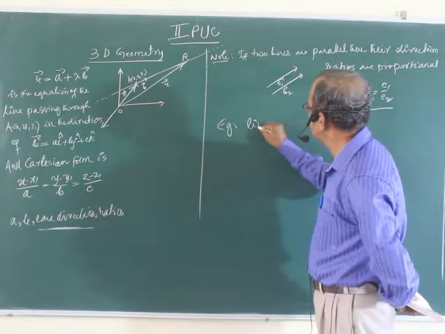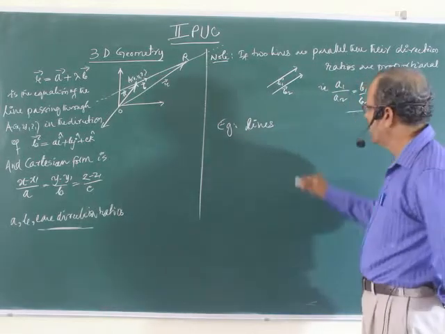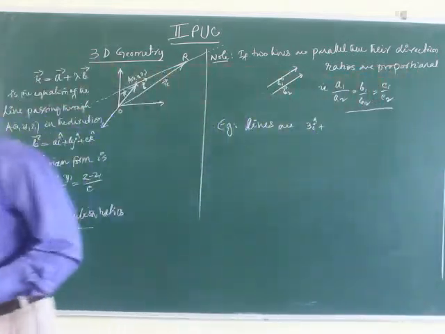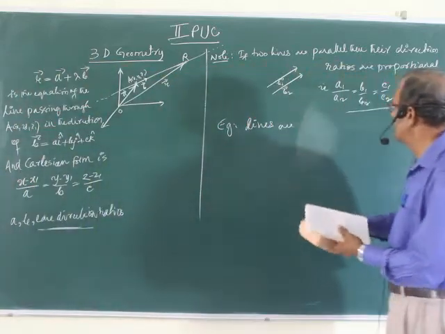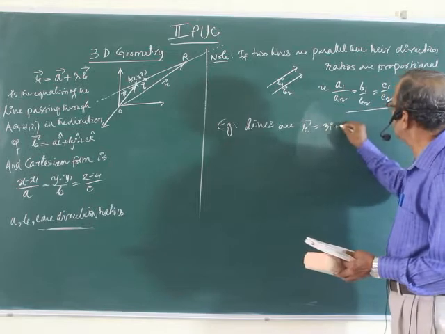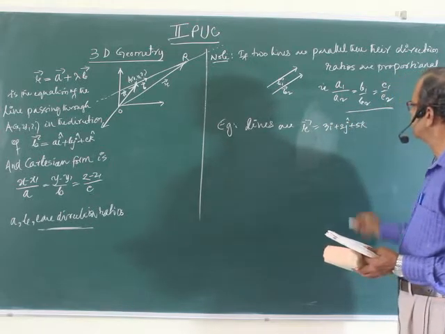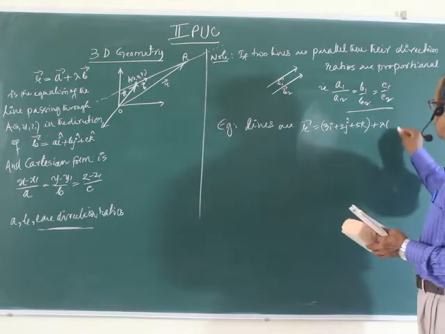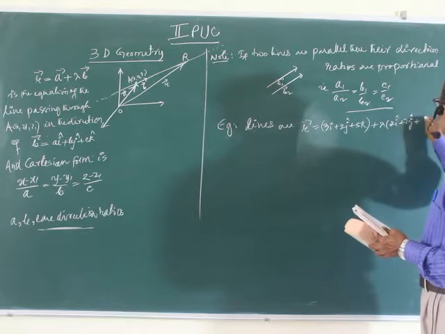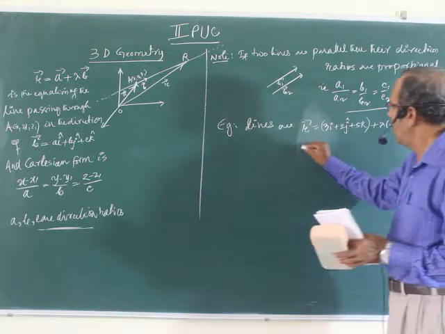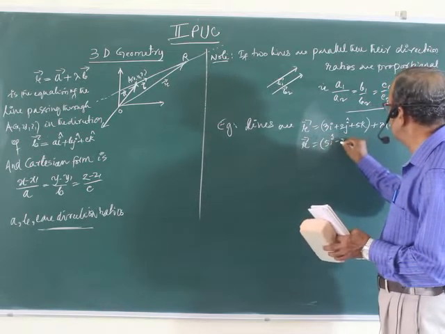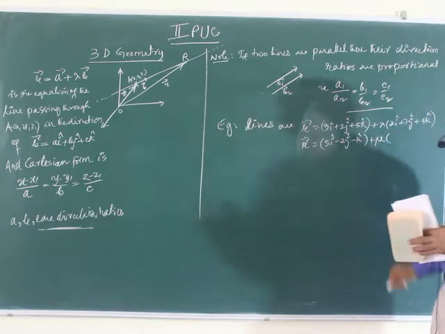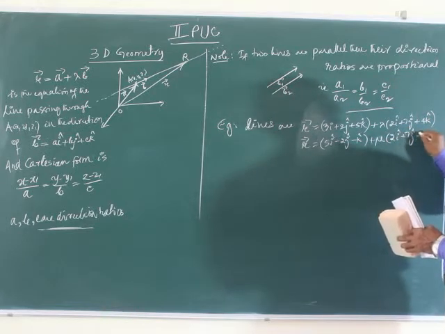Example, lines are: R equal to 3i plus 2j plus 5k plus lambda into (2i plus 7j plus 4k), and R equal to 5i minus 2j minus k plus mu into (2i plus 7j plus 4k), because it is another straight line.